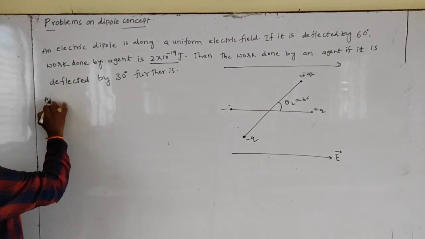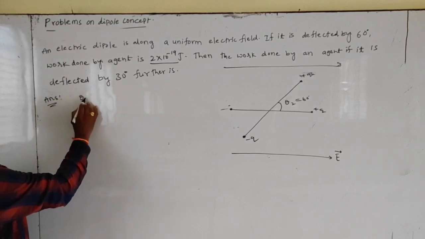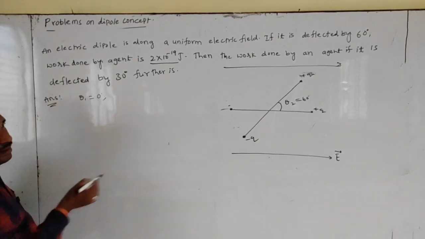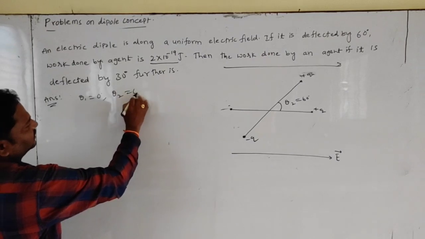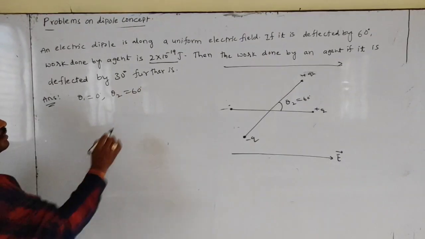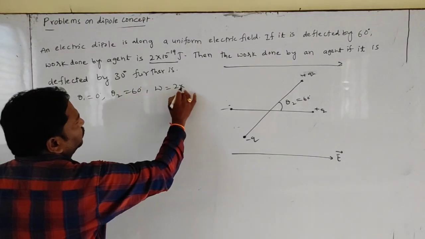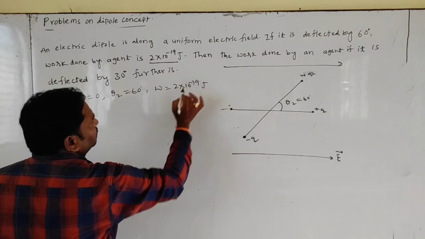Initially at equilibrium position, finally at 60 degrees. So W equals 2 into 10 power minus 19 joules.